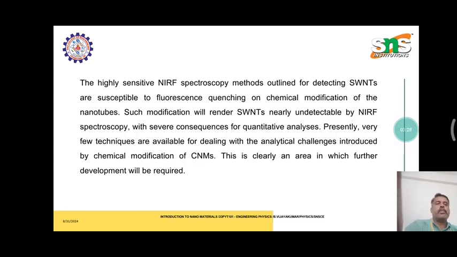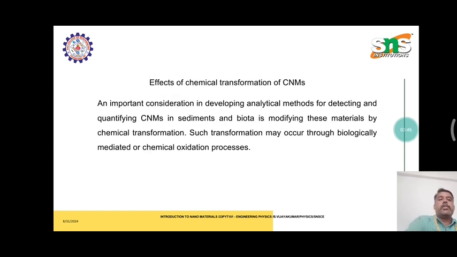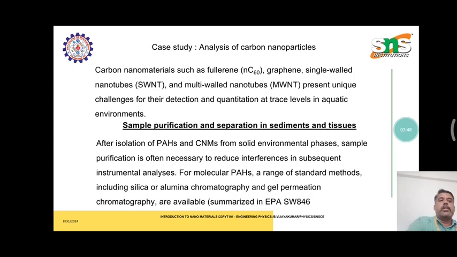Based on single-wall and multi-walled carbon nanomaterials, through spectroscopic investigations, we have analyzed different cases for use in application-oriented science. The CNMs and the PAHs are both present in different environmental phases, in single-wall and multi-wall carbon nanotubes.